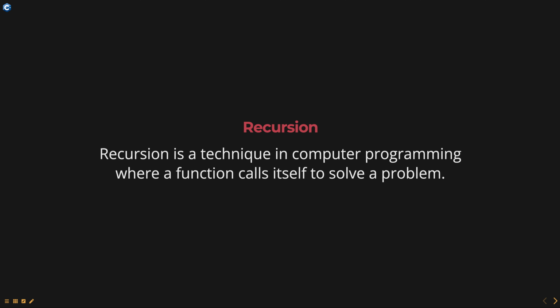The key idea behind recursion is to break a complex problem down into smaller, more manageable subproblems that are easier to solve. Each subproblem is solved using a recursive call to the same function. When the subproblems become small enough, the function can be solved without further recursion.